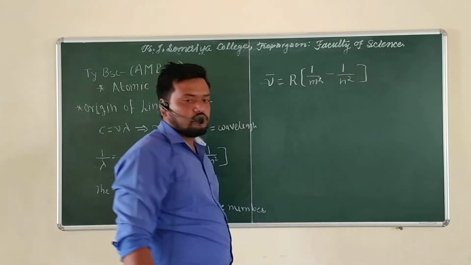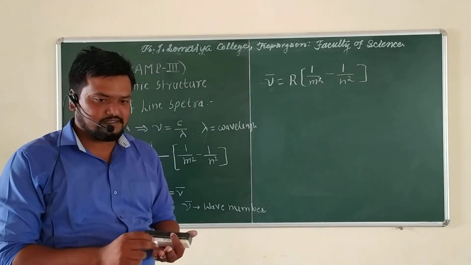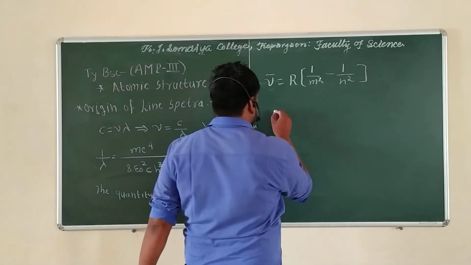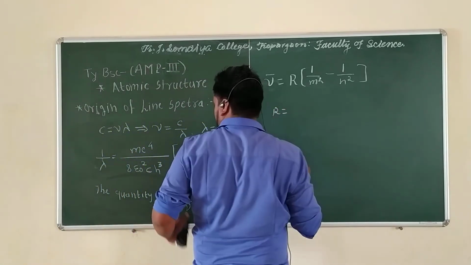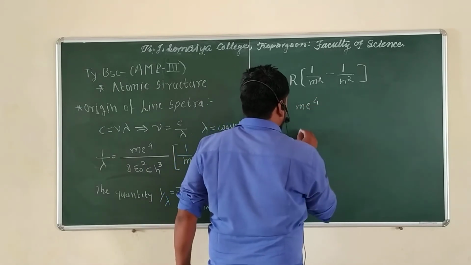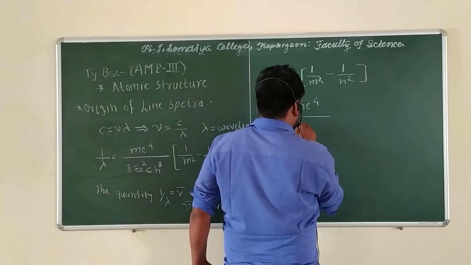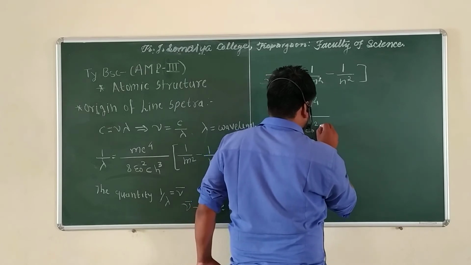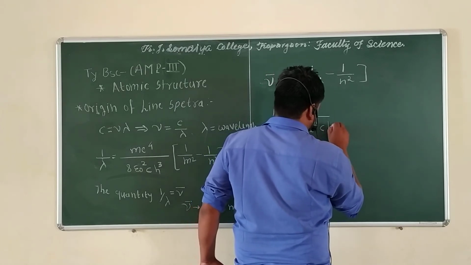Okay, so this R is nothing but this factor, m into e to the power 4 divided by 8 epsilon naught square c into h cube.